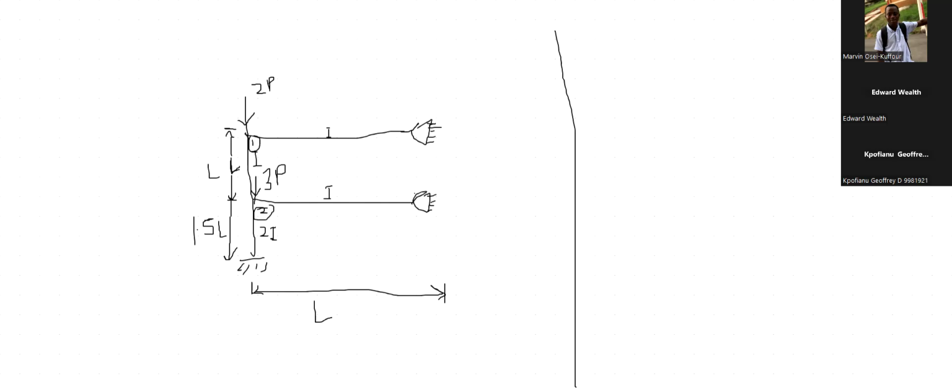Let's move on. So at joint 1, J1, all the distance is I. So at joint 1, we have what? M. So maybe 1, 2.